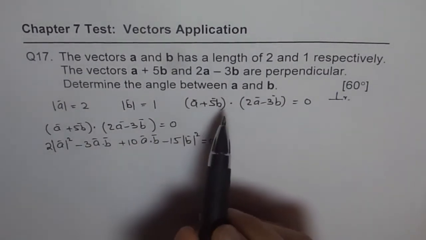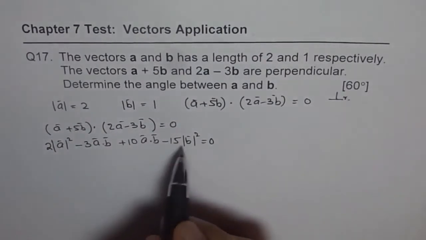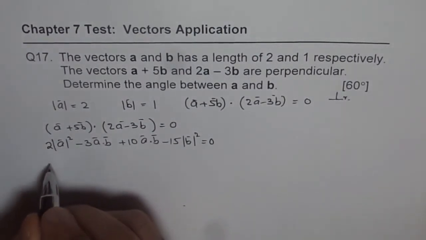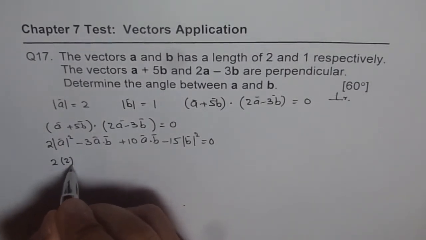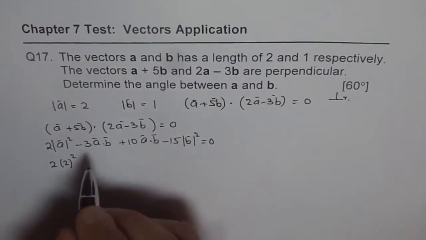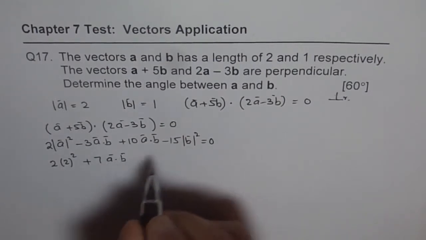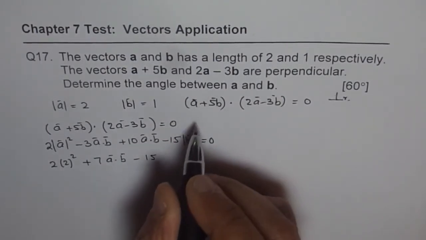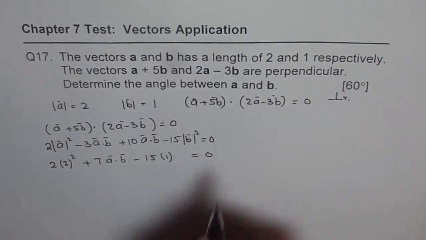Now we know what A and B are. A is 2 and B is 1. So substitute these values here and find our answer. We get 2 times 2 squared, minus 3 A dot B and plus 10 A dot B becomes plus 7 A dot B, minus 15 times the magnitude of B squared, which is given as 1, equals 0.